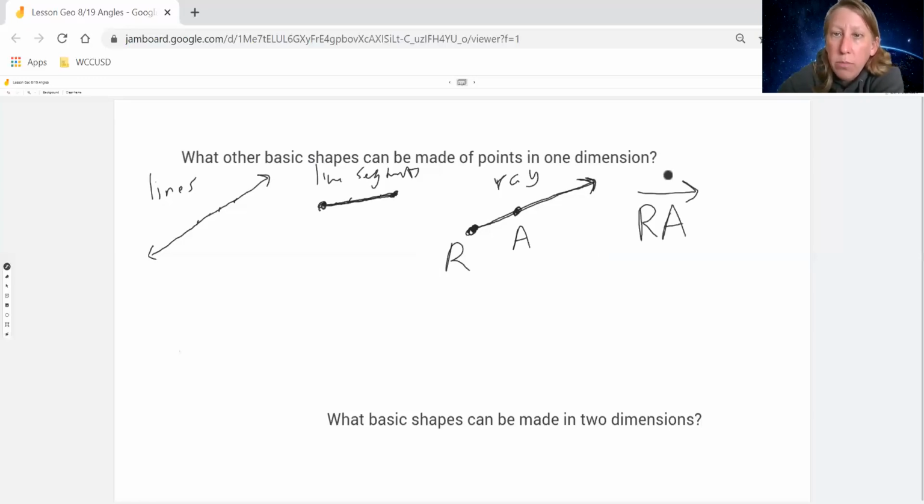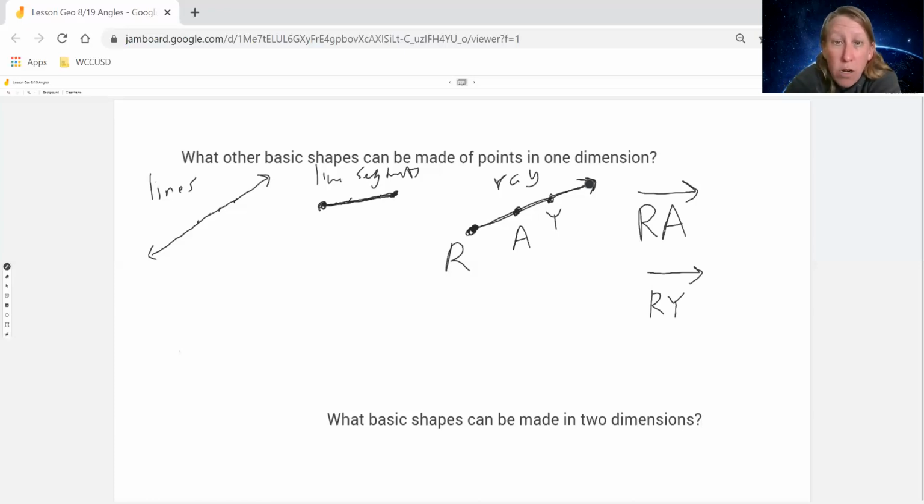The symbol here means ray, and it is the set of points that start with R and they go forever in the direction of A. If there was another point on here, it would be overkill. We could also name this ray RY. We would not use all 3 letters because we only need 2 and we don't want overkill.